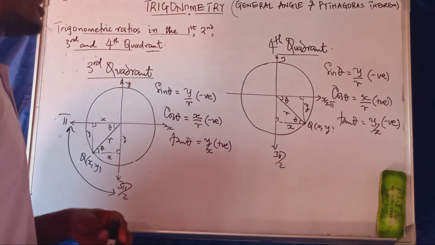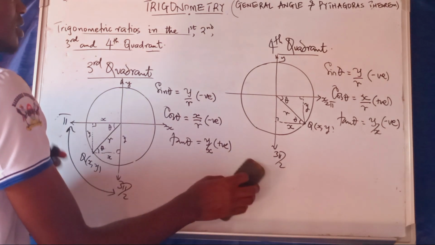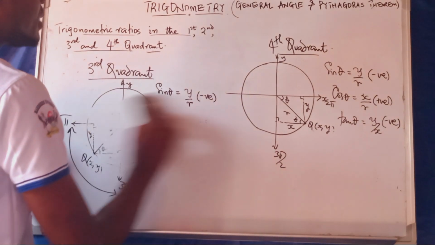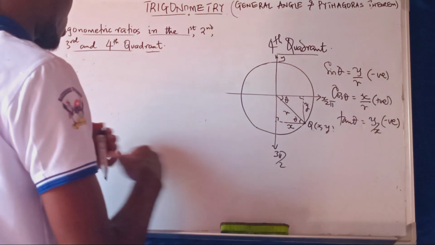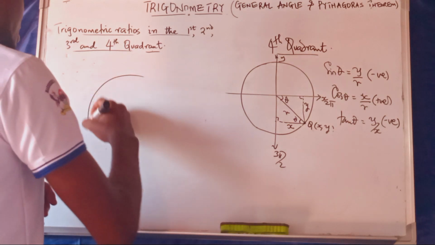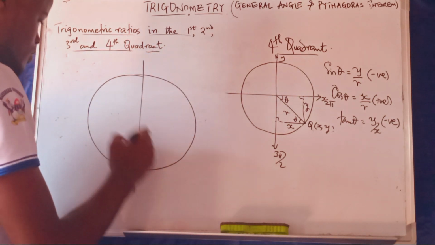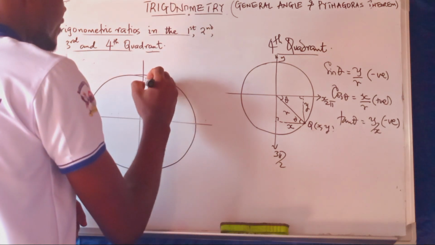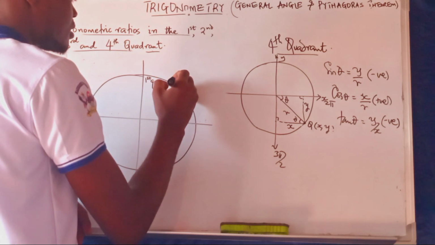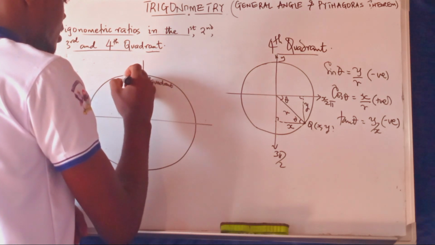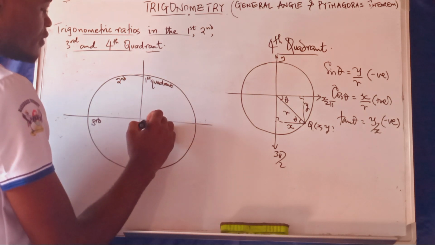So maybe now we can make a small summary of all that we have talked about. If this is the first quadrant, and this is the second, and this is the third, and this is the fourth.